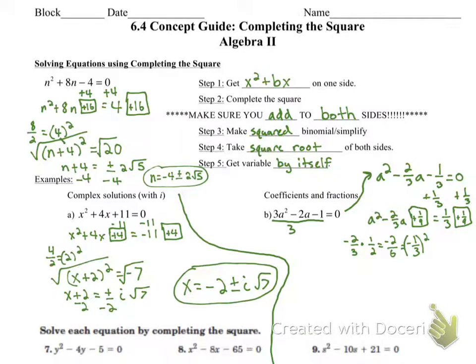A squared minus 2/3 a plus 1/9 is a perfect square trinomial, even though it has fractions. From here, I'll convert it to the binomial squared. It will be a minus 1/3 squared equals, well, 1/3 plus 1/9 gives you 4/9.